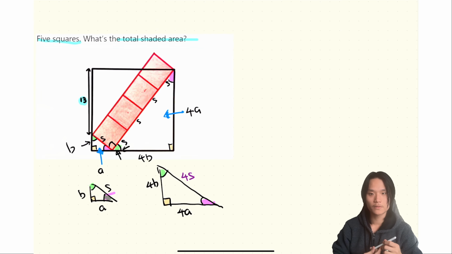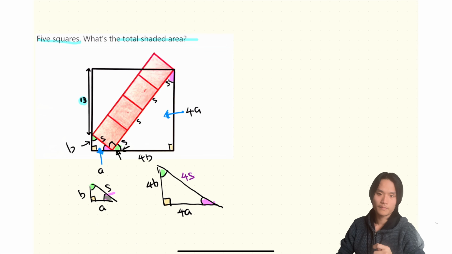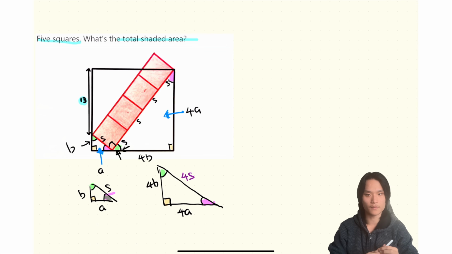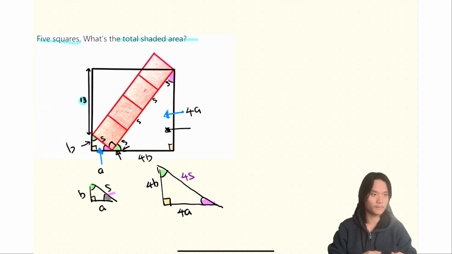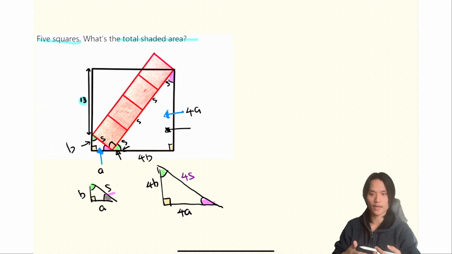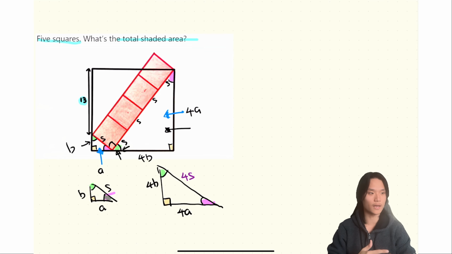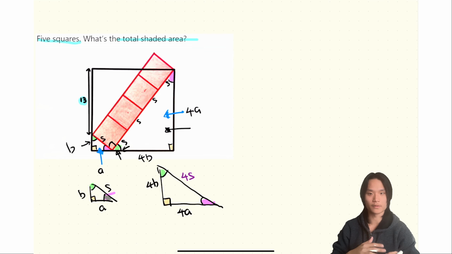So what we do now is make use of Pythagoras theorem on some of these triangles. The Pythagoras theorem says a squared plus b squared equals c squared, where a and b are the sides and c is the hypotenuse.